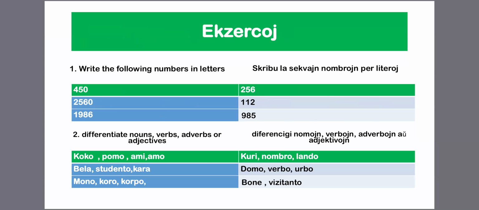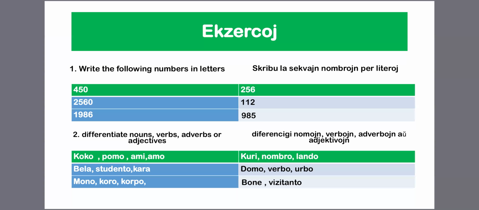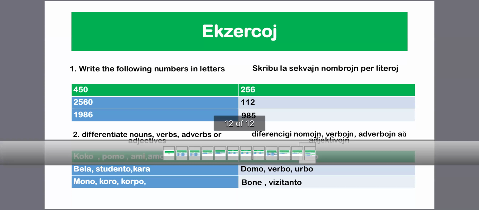Ici l'exercice A, la première question concerne la lecture des nombres qui sont là. 450, comment on lit en Esperanto? 2050, 560, 1986. How do we read it? So this is the main topic of the exercise. I'm going to ask Alima to read for me 450 in Esperanto.